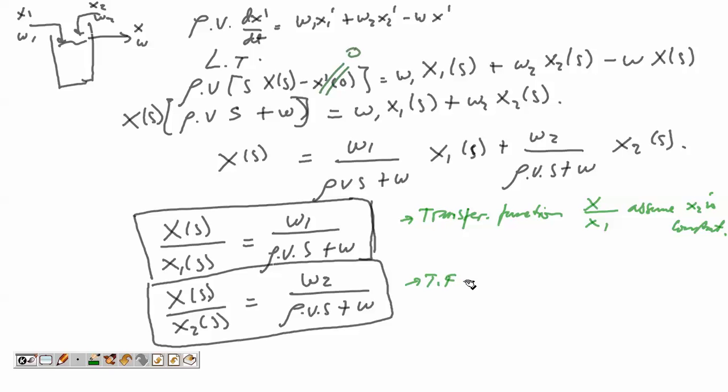This is the transfer function X over X2, assuming x1 is constant. So now you have two transfer functions. If x2 is constant, you get this transfer function. If x1 is constant, you get this transfer function. If both variables x1 and x2 are not constant, you will get this transfer function. Okay.